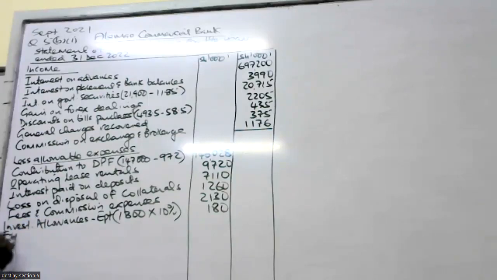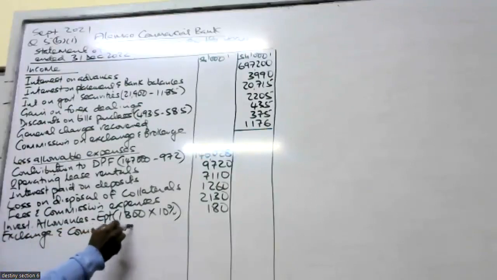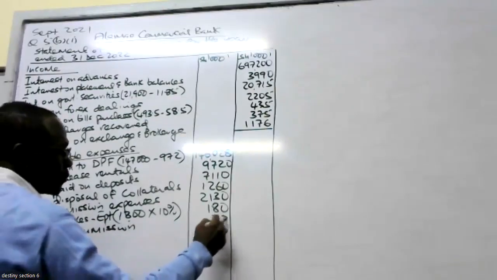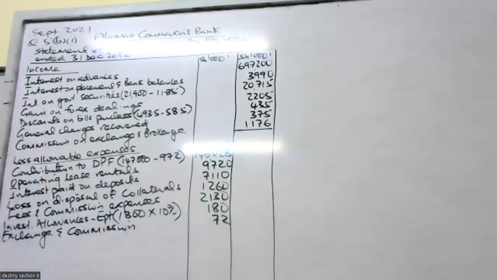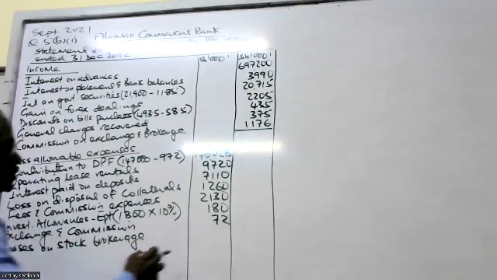So there is exchange and commission paid. Exchange and commission paid. Losses on stock brokerage dealings. Losses on stock brokerage dealings is 522.